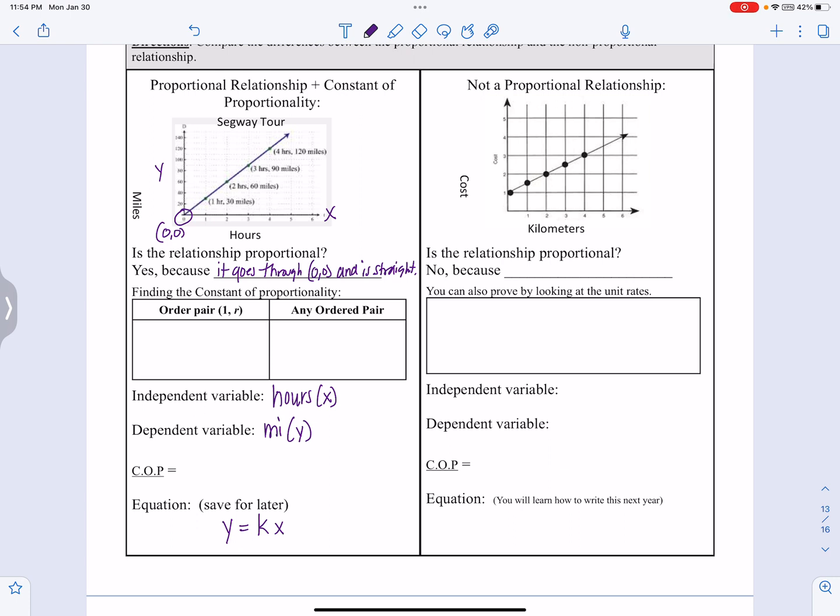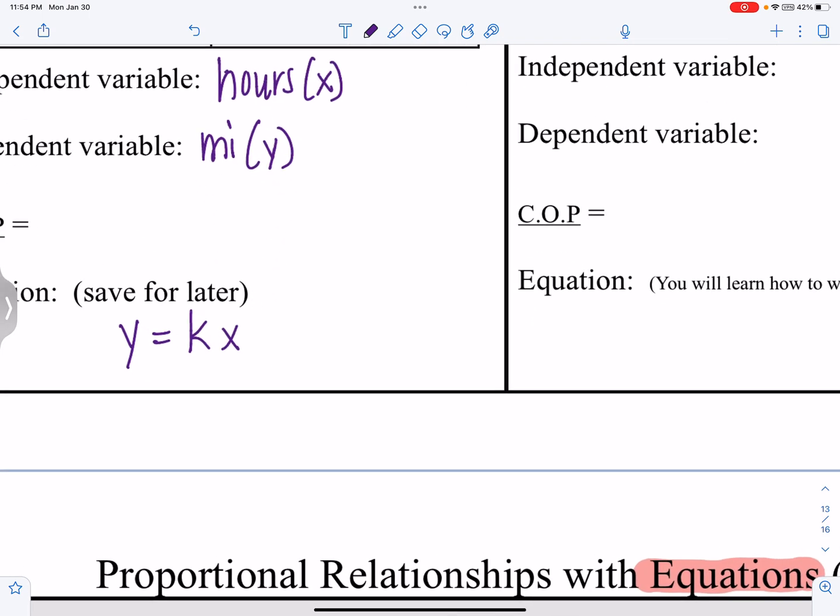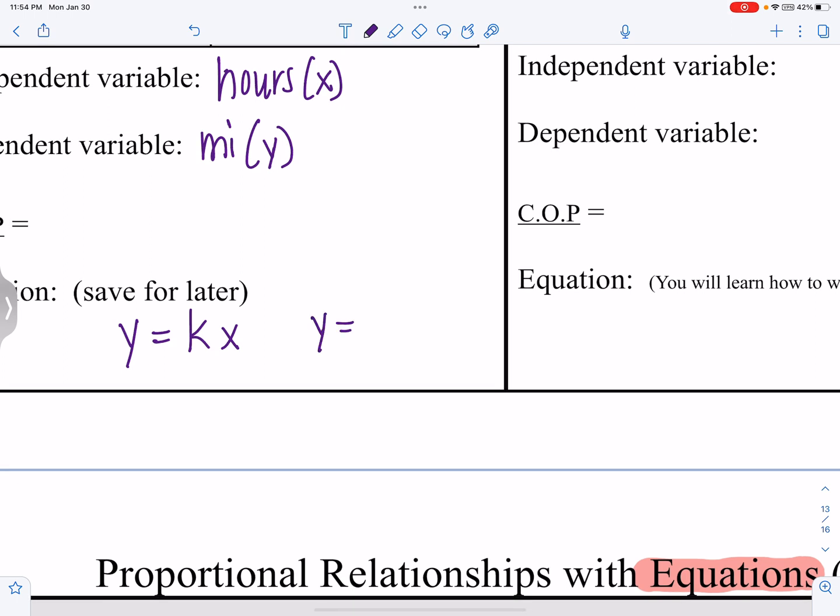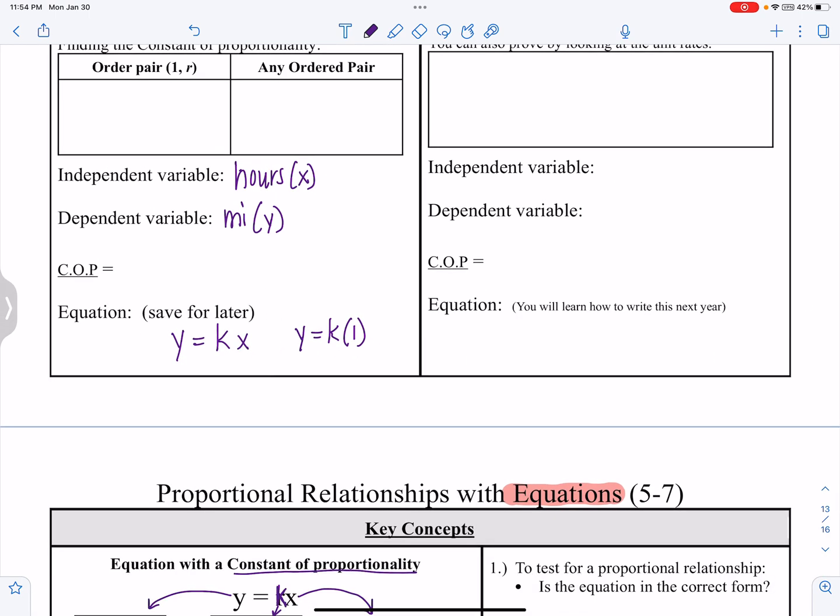Okay, and so I'm going to start off just by testing an ordered pair. But one thing I do want you to realize is where x is 1. If I set this up and I say x is 1, we know that whatever this number is is also going to be the same as y. So think about that.